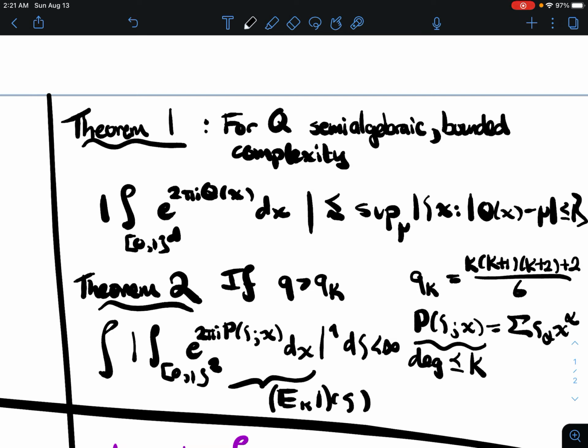Again, we won't have time to talk about how this result implies restriction estimates, but that will be part of our study guide. So we'll be able to talk about that later in the week.